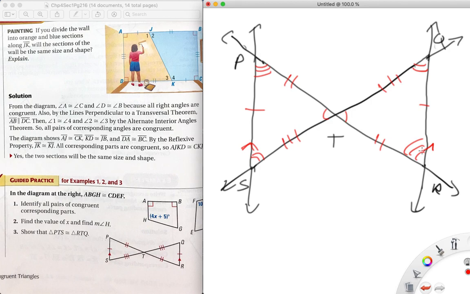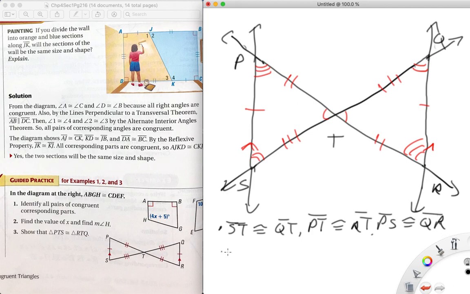I can say, in terms of the sides, I can say that ST is congruent to QT. I can say that PT is congruent to RT. And I can say that PS is congruent to QR.